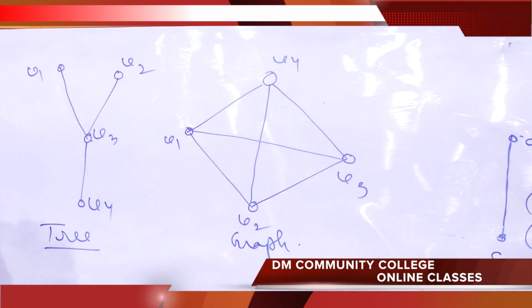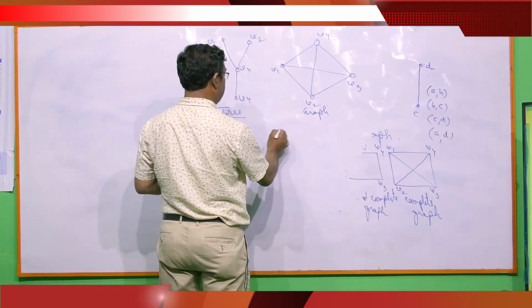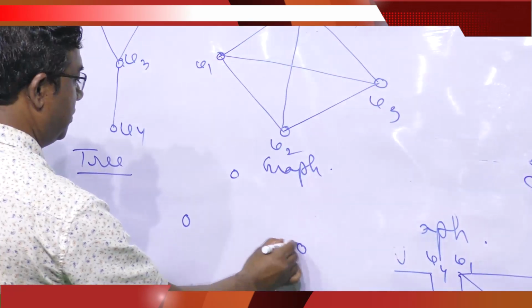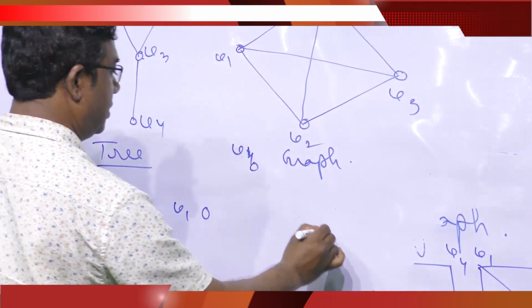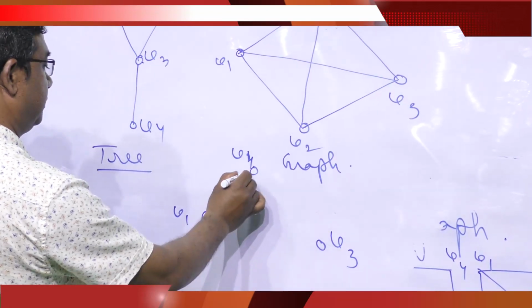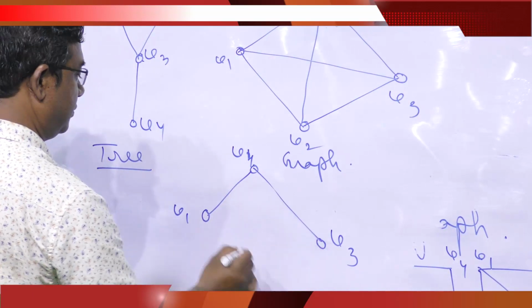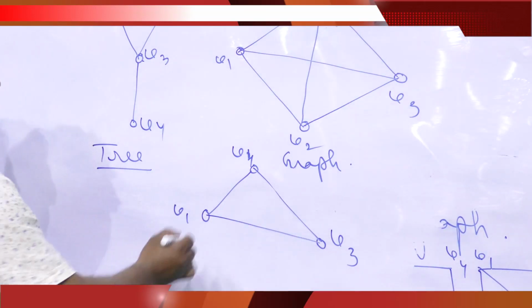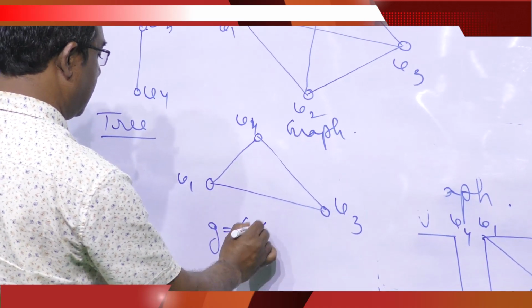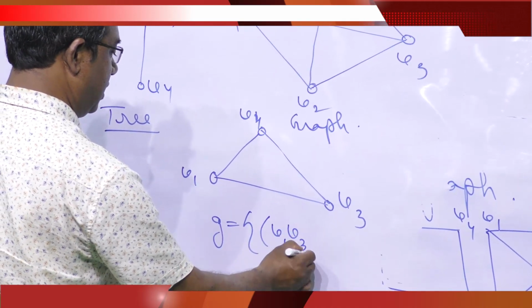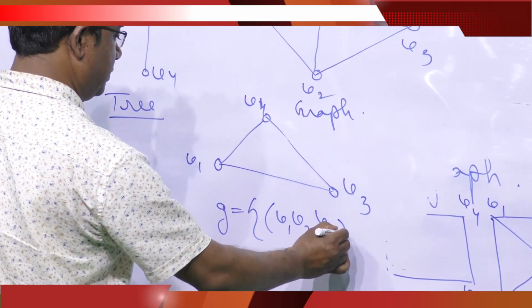There is a subgraph, say B1, B4, say B3. So this is a graph containing B1, B3, B4.